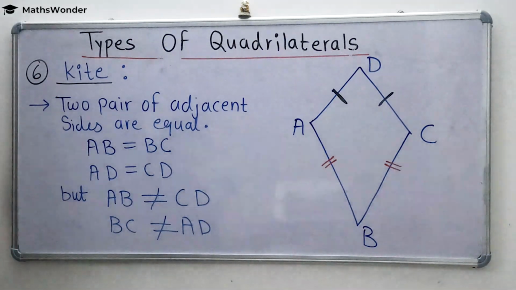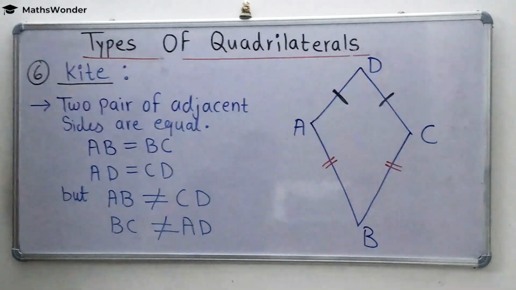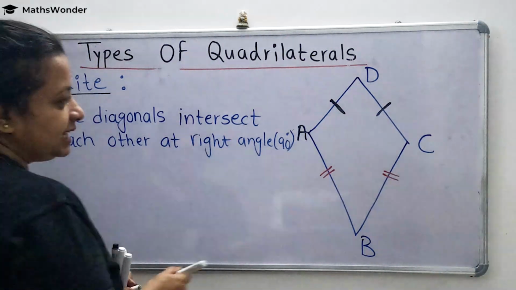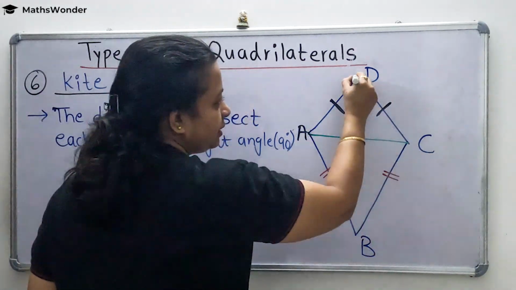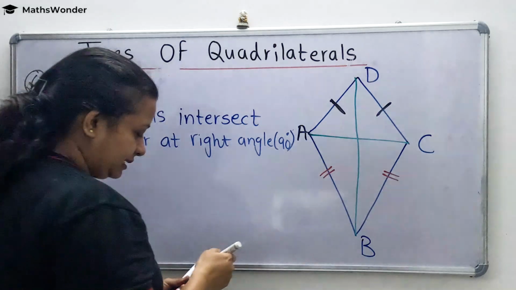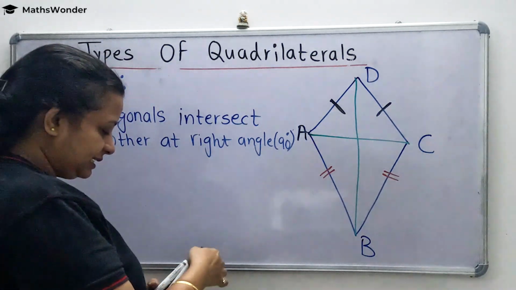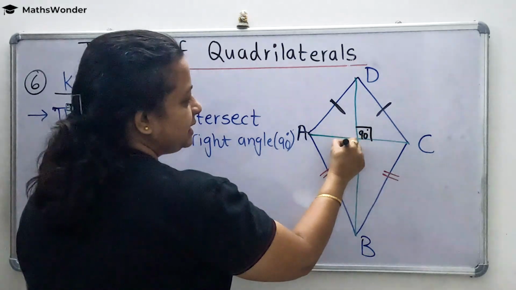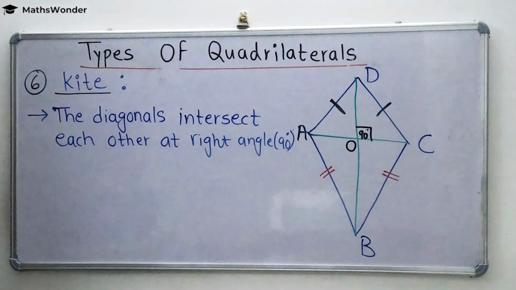So we've done two of them. The next property is the diagonals intersect each other at 90 degrees. When you join both the diagonals, they will intersect at 90 degrees, as you can see in the figure. It's easily visible. All four are 90 degrees.